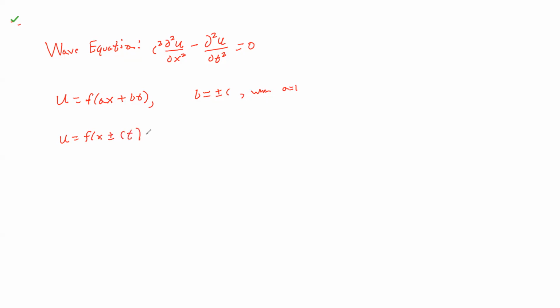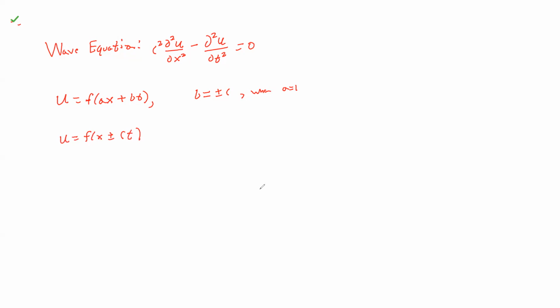Okay, that looks a little bit more familiar compared to what I had discussed in the beginning of the video, the general solution. But here we have a plus or a minus ct. So that gives us some intuition about what is happening here.